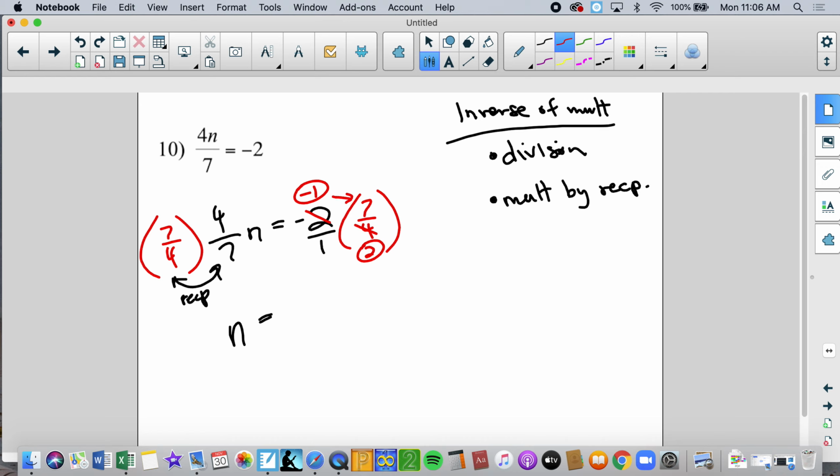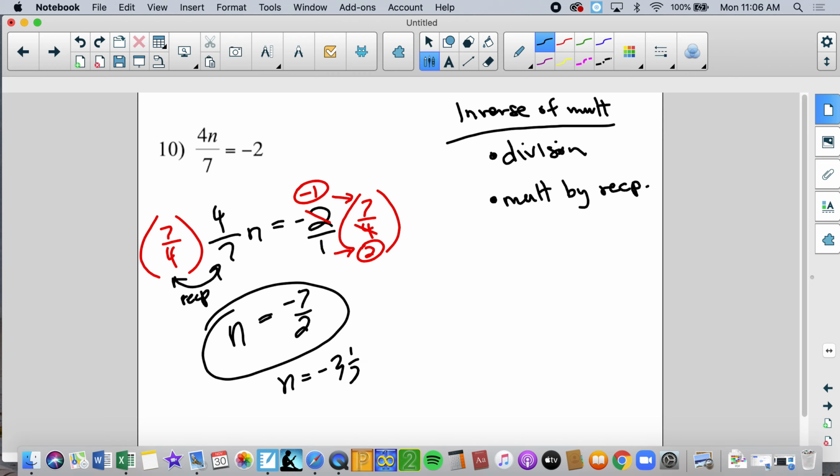So now we multiply across numerator times numerator and denominator over denominator. So we get -7/2, or n equals, what's that, -3 1/2 is also acceptable.